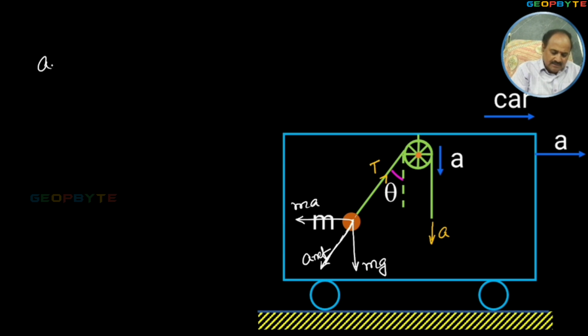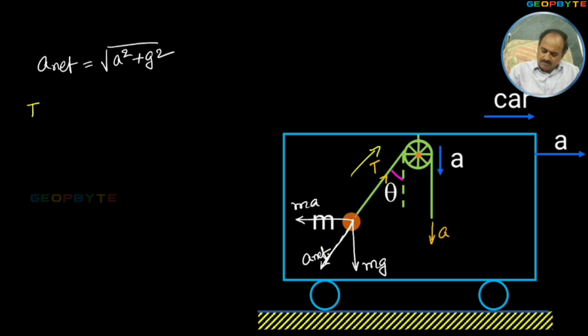I can write net acceleration equal to root over A square plus g square. Then let us write the force balance equation for the string. The tension is acting in this particular direction, and the mass multiplied by net acceleration is acting in this direction. That's why it is minus, because T and this force due to net acceleration act in opposite directions.